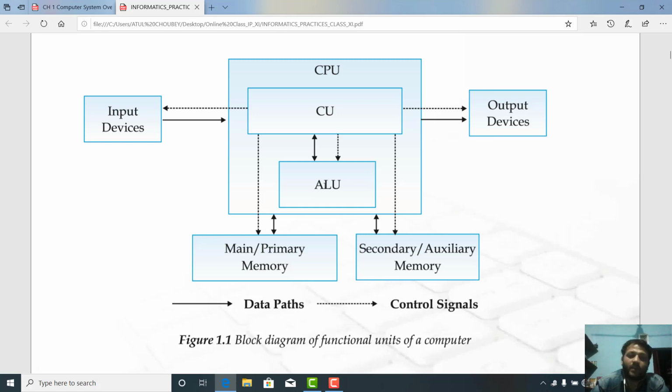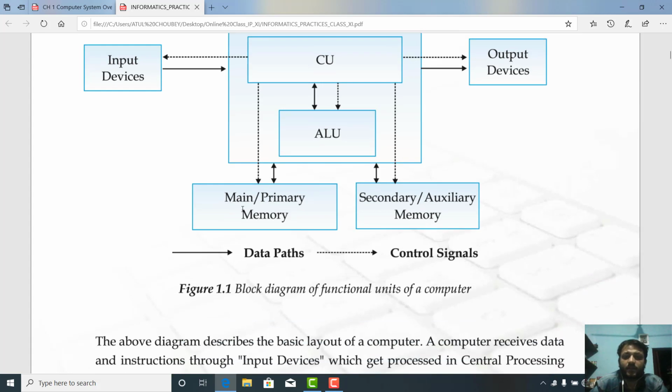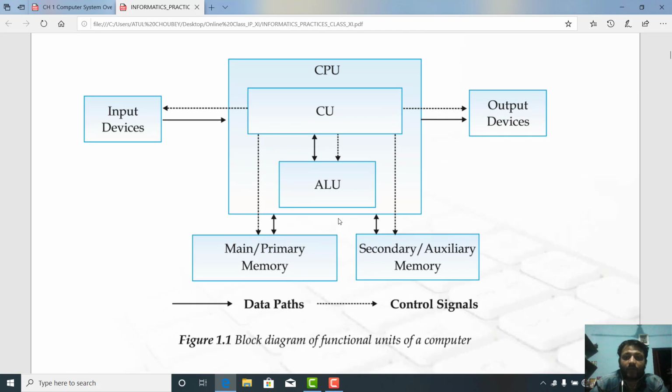The full form of ALU is Arithmetic Logical Unit. And last is the memory unit. This is the part of CPU. Next, the next unit is output device, that gives you the output.